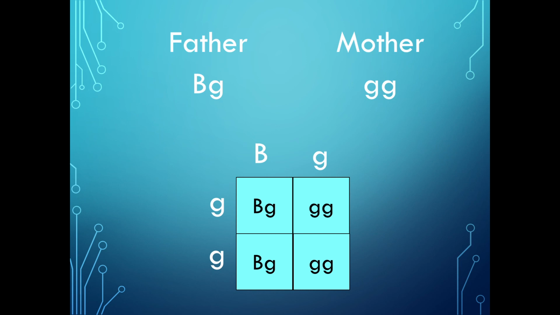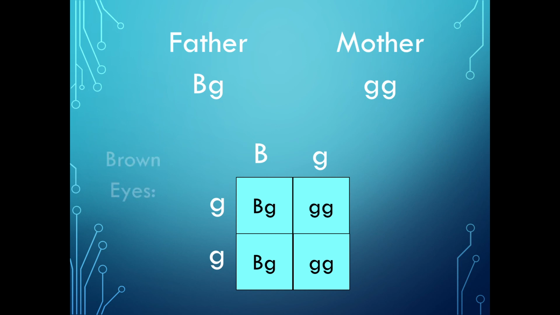Okay, so what does each one of the squares that we have here represent? So basically, they represent a different child that they had. Okay, so in total, in this chart, we will be taking into consideration that they would have had 4 children.